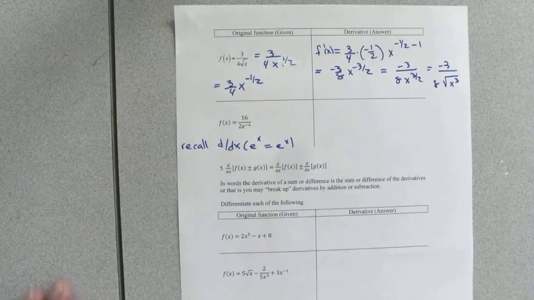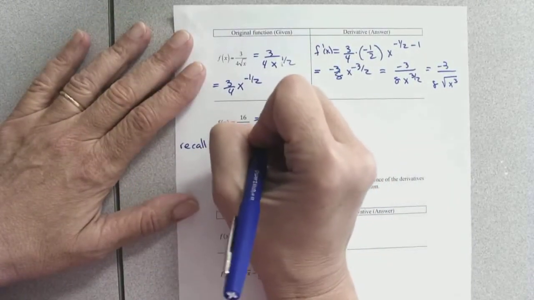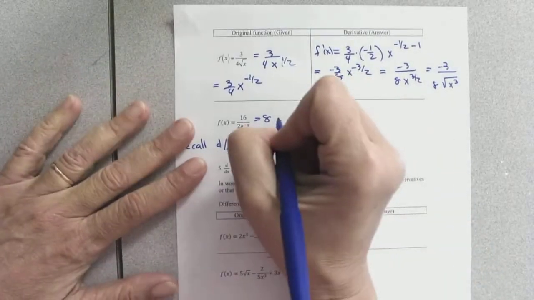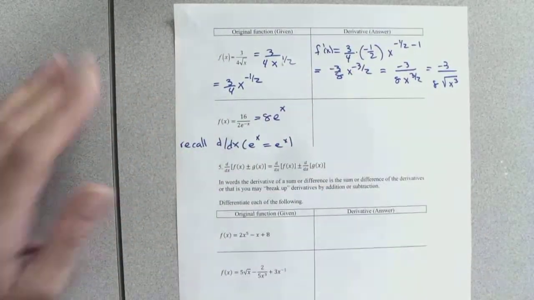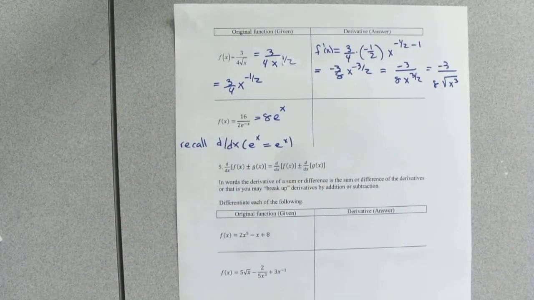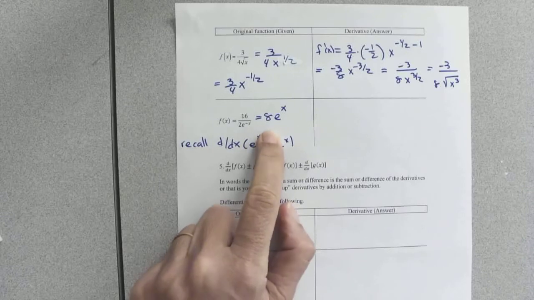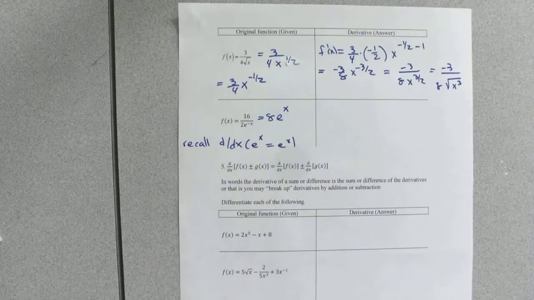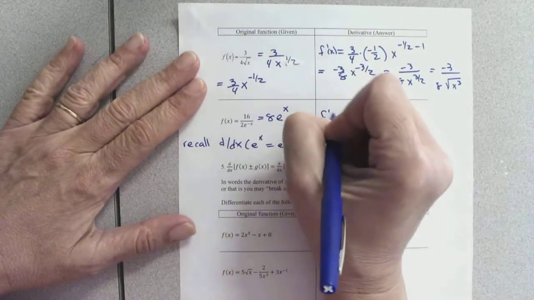So we simplify this first. 16 divided by 2 is 8, and then I can move that e to the numerator as long as I change the exponent to positive, and so my original function is the same thing as e to the 8x. Haven't done any calculus yet. That is still the original function. But it's now in a format that makes calculus really easy.